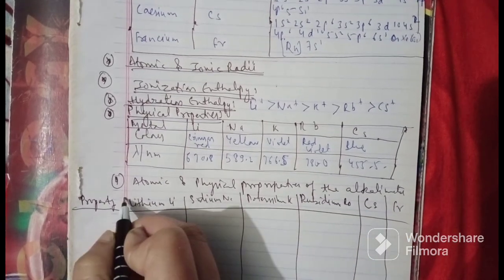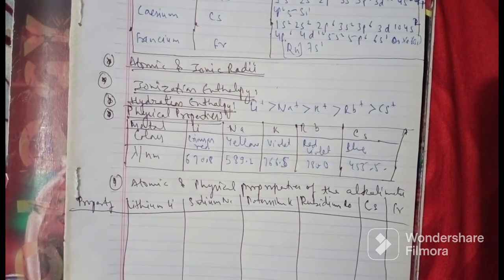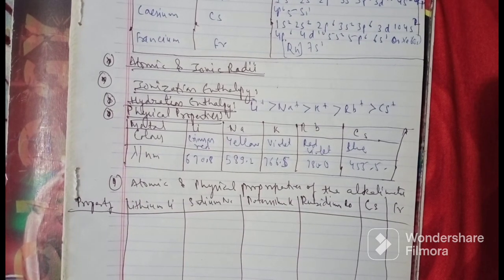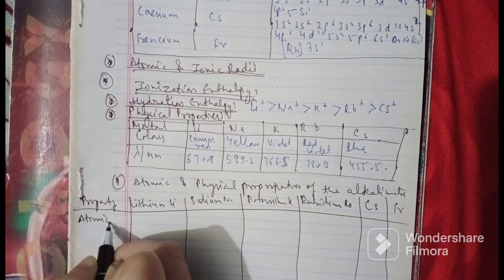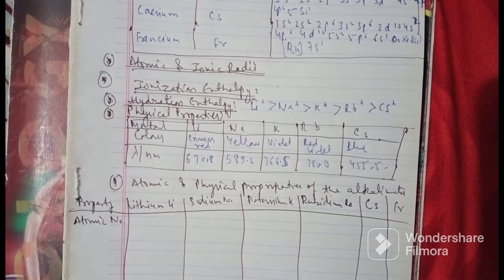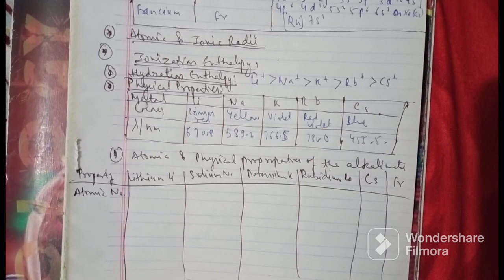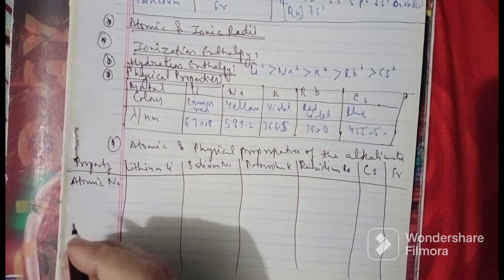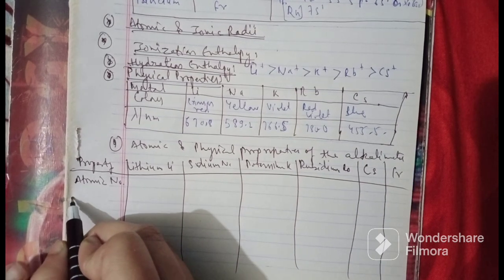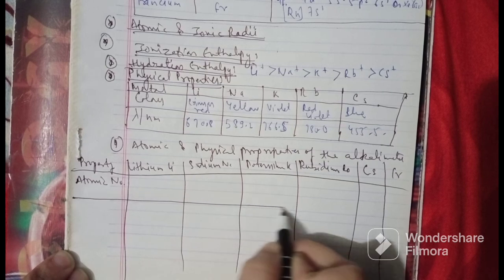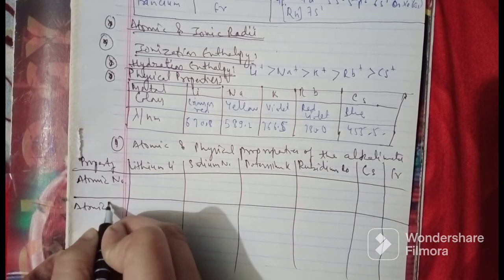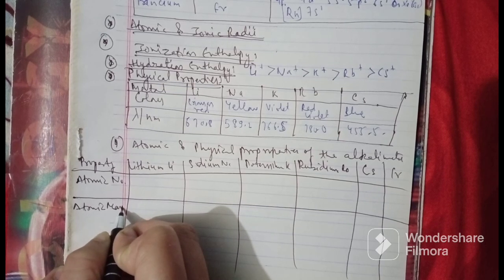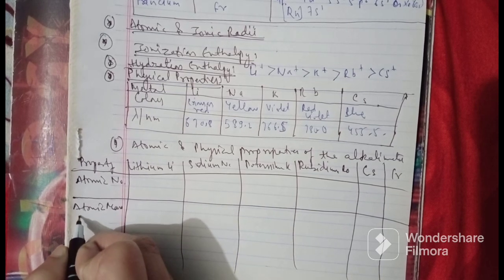Okay, now we have the properties as well. The first property we have is atomic number. Another property we have is atomic mass, which is in gram per mole.